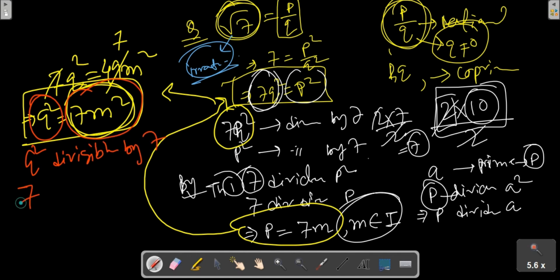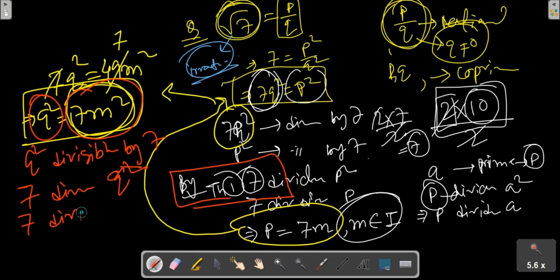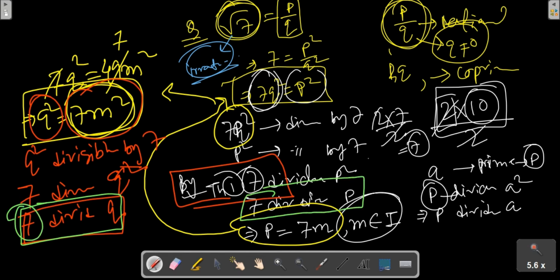Means 7 divides q square. Now by that same theorem 1, we can say that 7 divides q as well, right? 7 divides q. So now students, all of you check here. 7 divides q means q is divisible by 7, and somewhere it's written that 7 divides p as well. That means p is also divisible by 7.